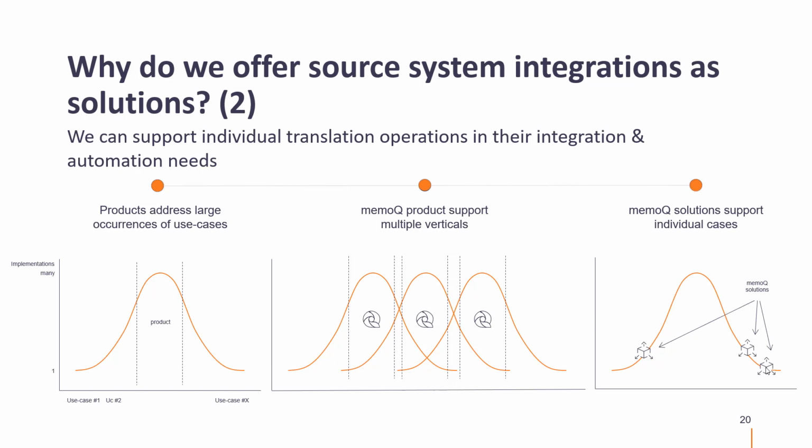We are there to provide the technology for your unique case and make the integration and automation between memoQ and these source systems. Today we would like to talk about 3 new source systems where we have built integrations recently and where we are ready to build integration for any of you if you see a potential value gain in such integrations.